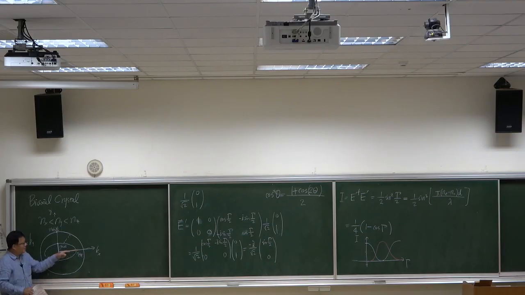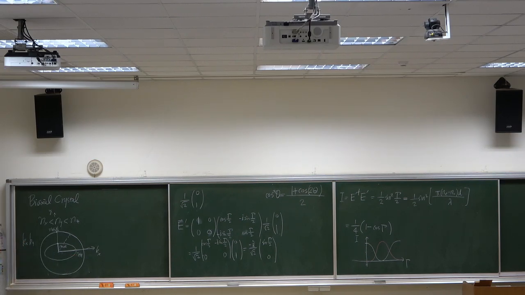And for this, we have a k vector along the x direction, but the e vector and the b vector along the y direction. Okay, so you have the refracting index equal to ny.